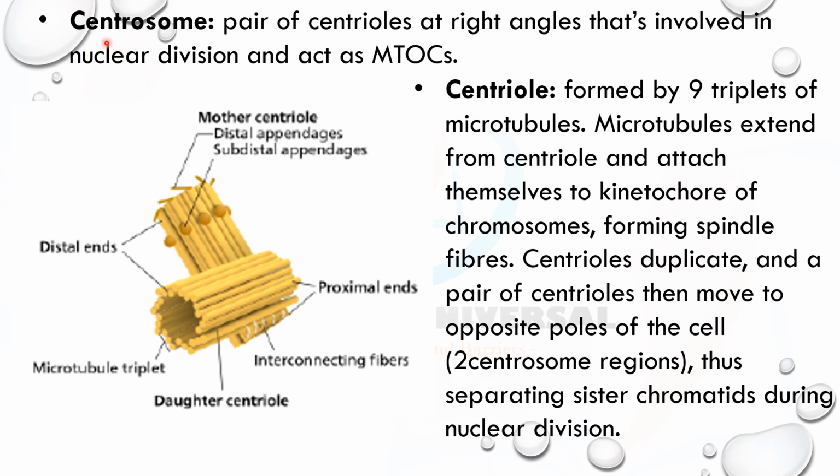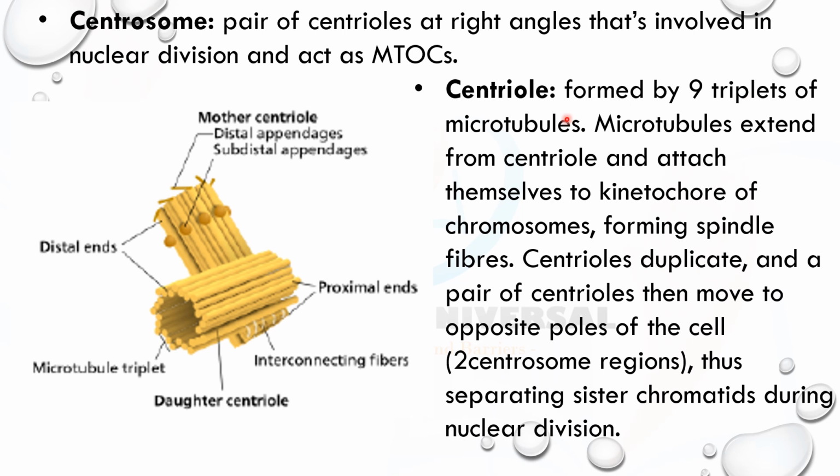This is one of the things that make up microtubules. The centrosome is a pair of centrioles at right angles that is involved in nuclear division and acts as a microtubule organizing center, MTOC. So this is the centriole. The centriole is formed by 9 triplets of microtubules, don't forget it.